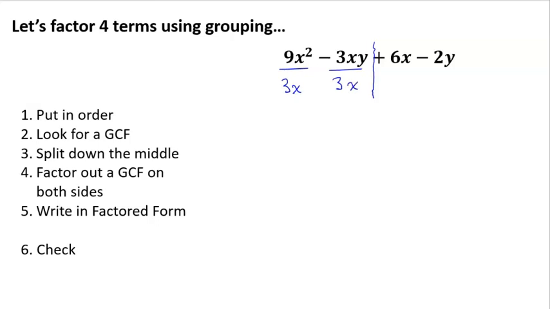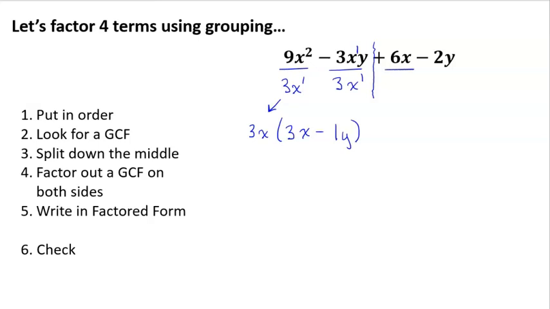And the lowest exponent that I see on the x is a 1. I'm going to write my 3x out to the side and divide. 9 divided by 3 is 3. 2 minus 1 is 1. And then negative 3 divided by 3 is negative 1. And then my x's cancel, and I'm left with a y here.